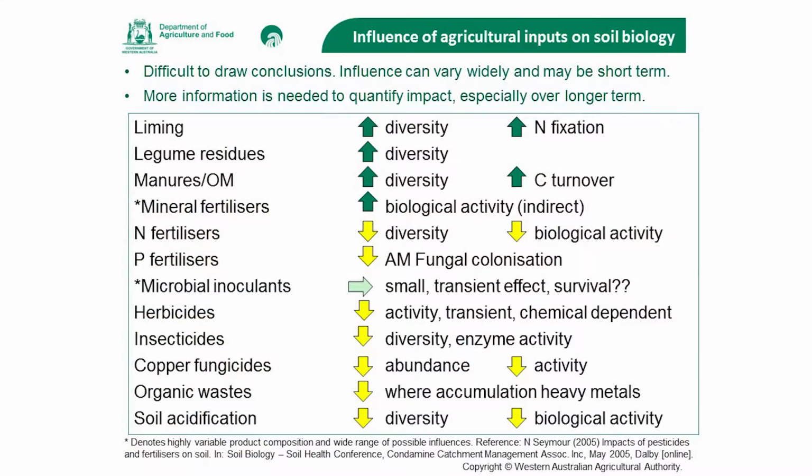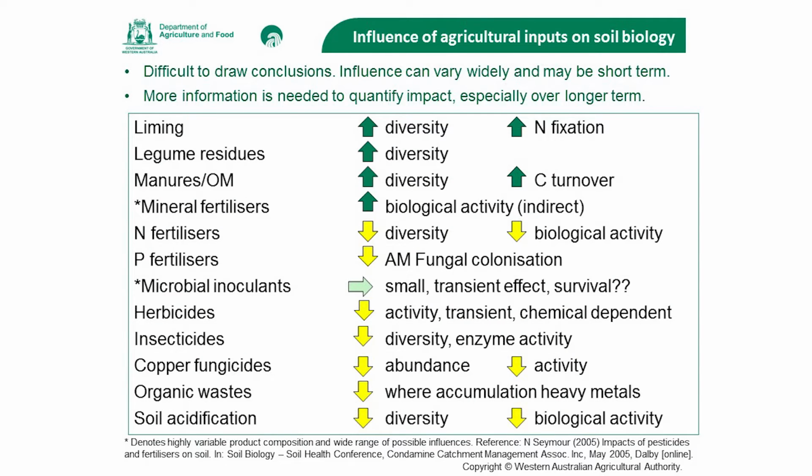So the effect of different inputs such as fertilisers, herbicides, pesticides on your soil biology are quite wide and varied and dependent on the type of product and how you apply it, and the length of time that it impacts on your soil biota can vary quite significantly. Historically, things like copper fungicides had quite a significant impact.